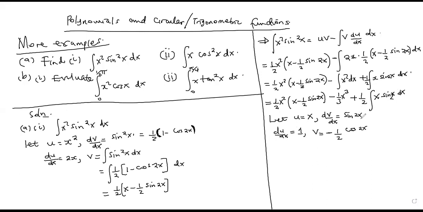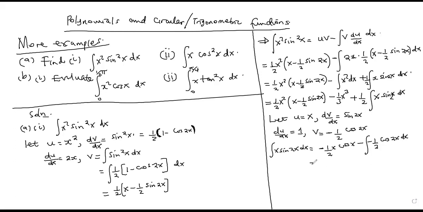Implying that the integral of x sine 2x dx will be equal to uv, which is x times negative a half, so it will be negative a half x cos 2x, then minus integral of v du dx. du dx is 1, then v is negative a half cos 2x, then dx.